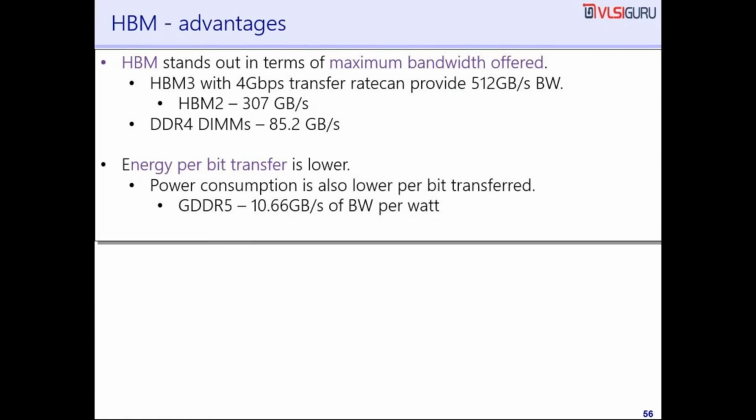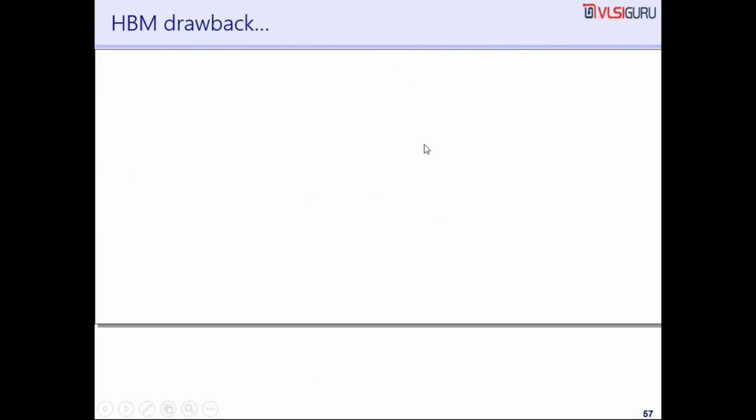I mean, with 1 watt, you can do this much data transfer. Whereas in HBM, per watt, we can do 35 gigabytes per second of bandwidth. That's a significant 3 times advantage in terms of power consumption, and even multiple folds of advantage in terms of the bandwidth. But it also has its own drawbacks.